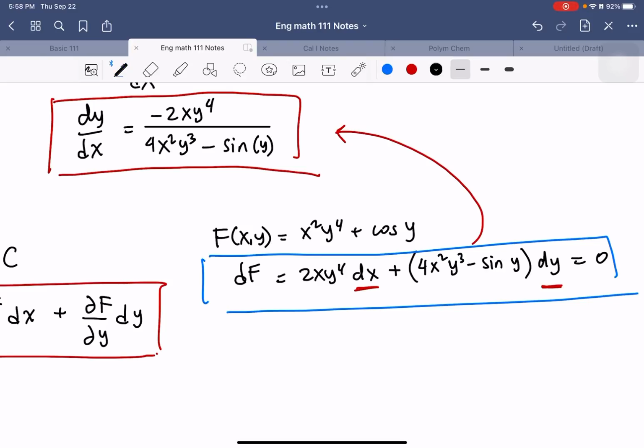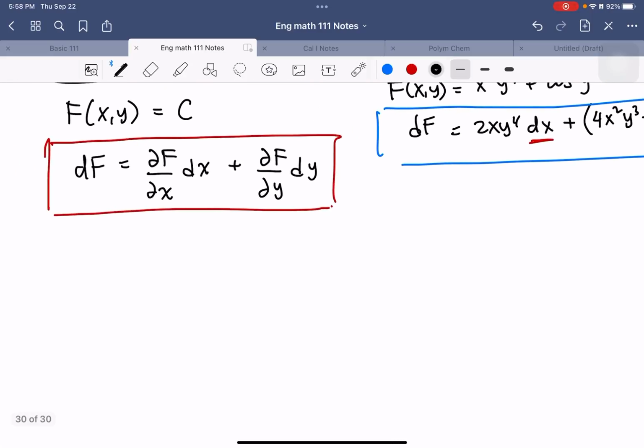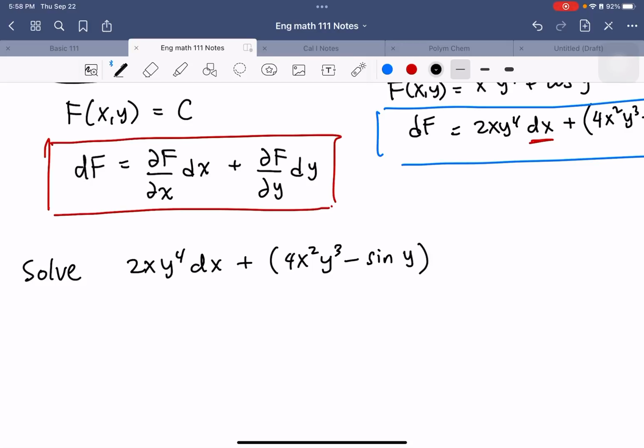Let's just play with the questions. Let's play with this blue rectangle. Let's say there is a question that needs to be solved: solve 2xy power 4 dx plus this, minus sine y, dy equal to 0.